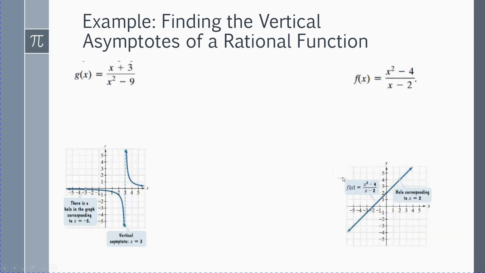All right, let's try this. Let's find the vertical asymptotes of these rational functions. This one here, g of x is equal to x plus 3 over x squared minus 9.